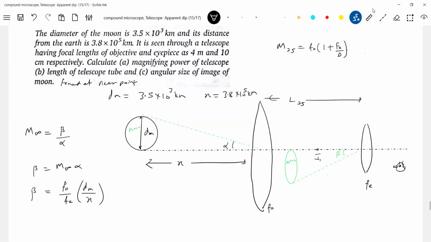L25 will come as F naught plus UE. This is distance UE, no? And this is I1, we should not show it. And this is at 25 centimeter near point. So how to calculate UE?